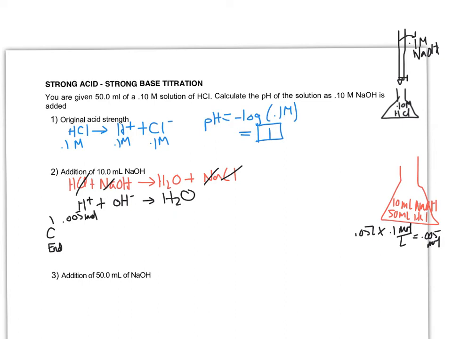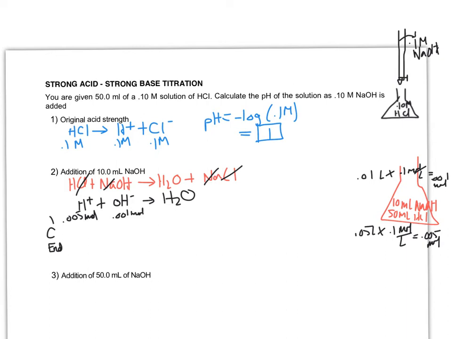So my OH minus, I have 10 milliliters, so 0.01 liters, and it's also, I believe, 0.1 molar, yep, so 0.1 moles per liter, so that gives me 0.001 moles of hydroxide. So this is 0.001 moles. I don't really care about my water there.